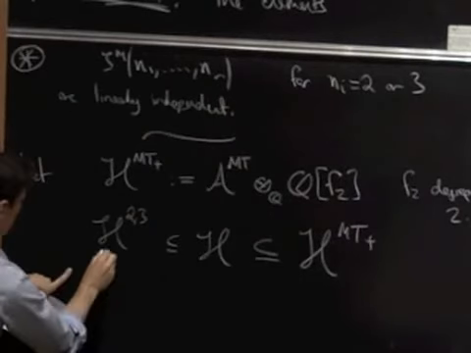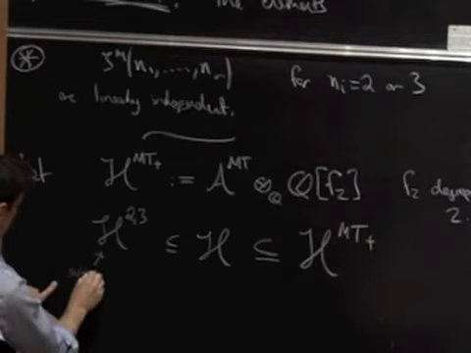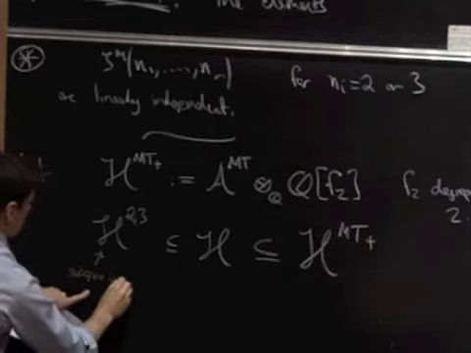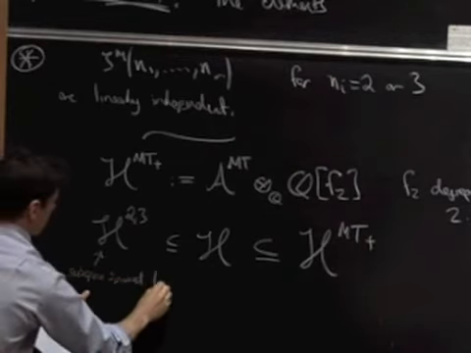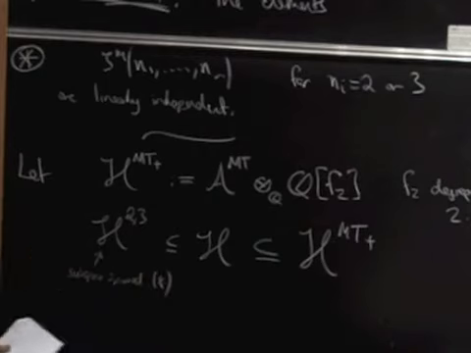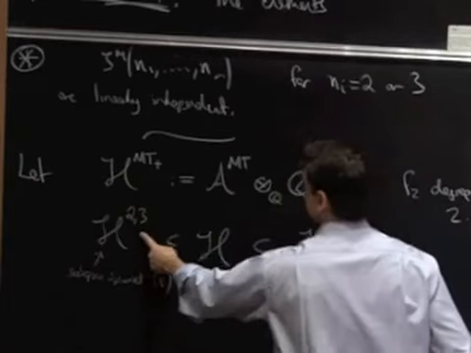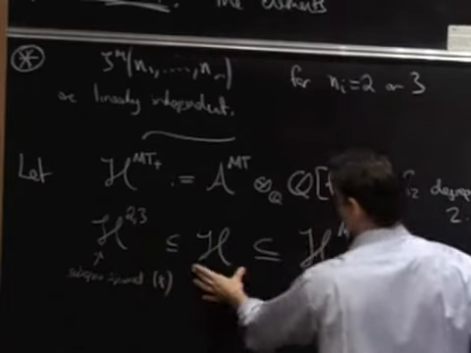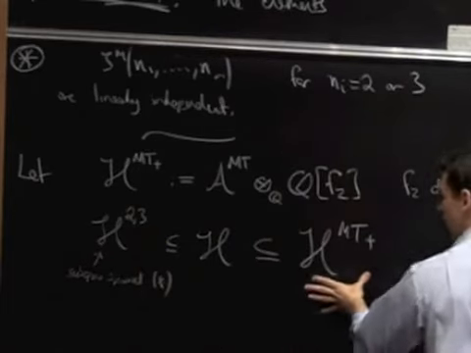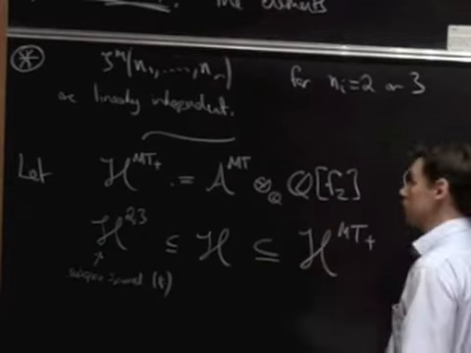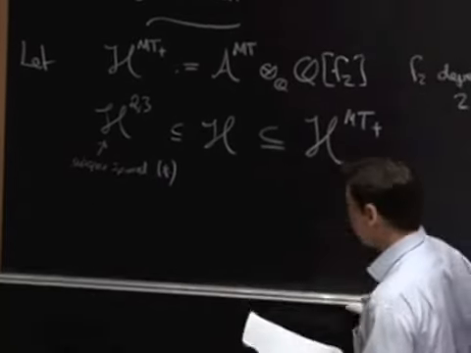So this is the subspace spanned by the Hoffman elements. So we have three spaces: the very special type of multiple zeta values, all the Motivic multiple zeta values, and all abstract periods of all mixed-state motives over Z. And we want to prove that they're equal.